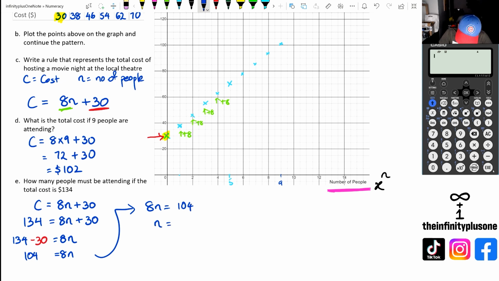So then I can say n is equal to 104 divided by 8, and that's going to give me 13. So 13 people attended, which means the cost would be $134.